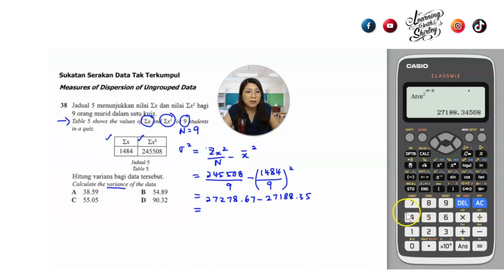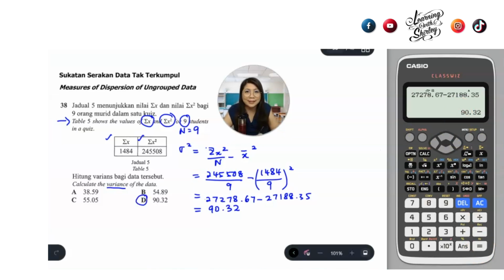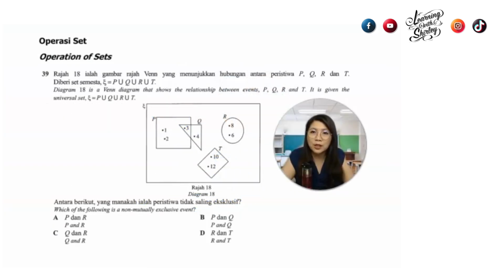So let's minus: 27278.67 minus 27188.35. So we will get 90.32. Let's look at the options A, B, C, D. The answer is D.